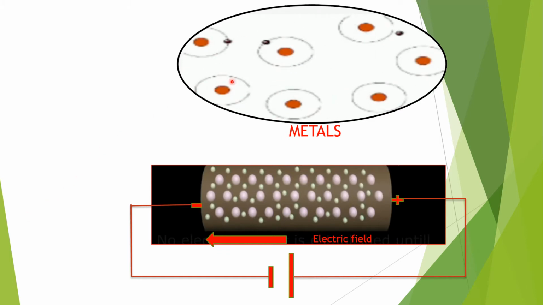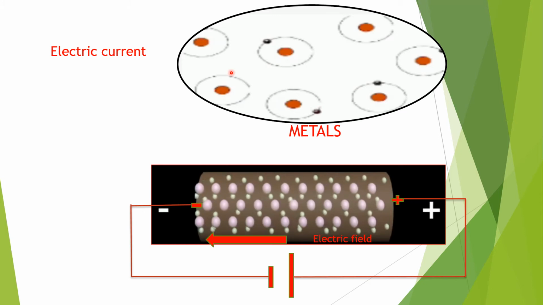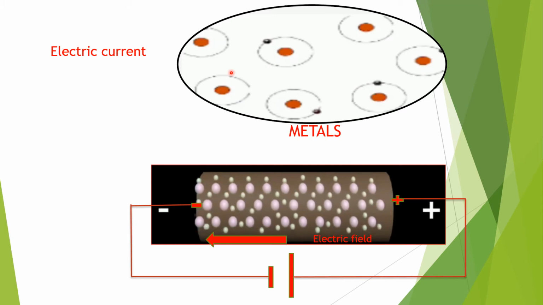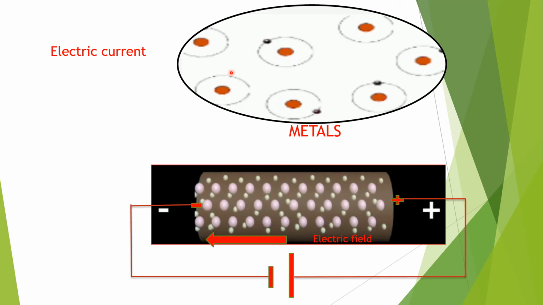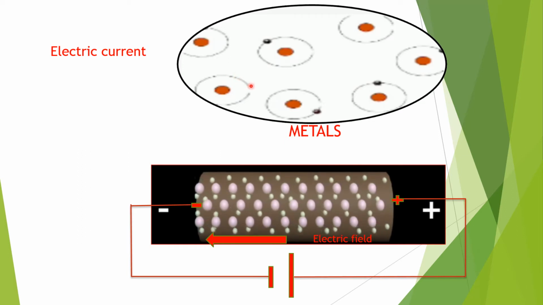Children, see the adjacent diagram. The basic nature of metal is its atom consists of loosely bonded electrons. Due to a little bit of energy, these electrons can be detached at any time. These electrons are known as free electrons.